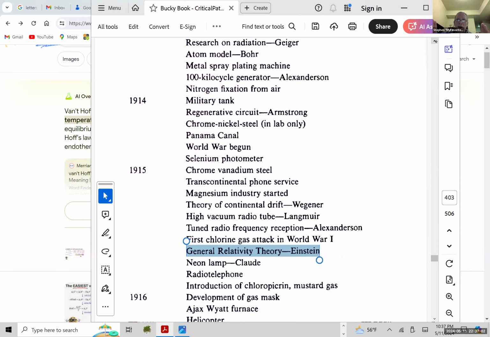If object 1 is moving towards object 2 at 100 miles per hour, it really doesn't tell us about the nature of reality, because object number 1 could be moving in the opposite direction at 400 miles an hour, and object number 2 could be moving in that same opposite direction at 500 miles an hour, and it would look like they're moving toward each other at 100 miles an hour, when in actuality, they're both moving in a completely different direction at variable speeds.